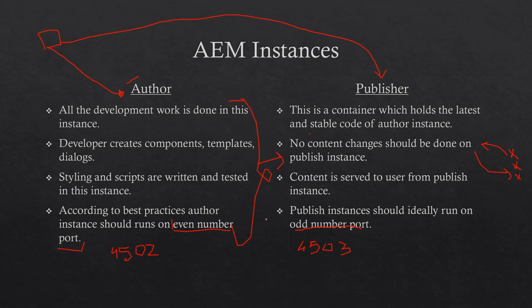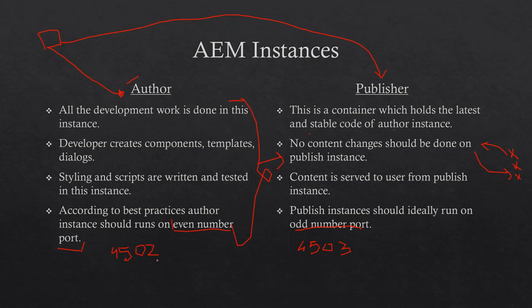Is this odd-even port just to keep a simple distinction between author and publisher, or is there anything more to it? No. You have n number of ports which are open. You can decide on any port. This is just, for example, today you did the setup. Maybe you ran the author on 4503 and publisher on 4502.